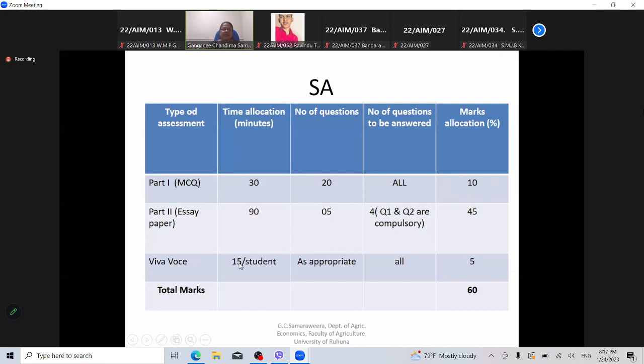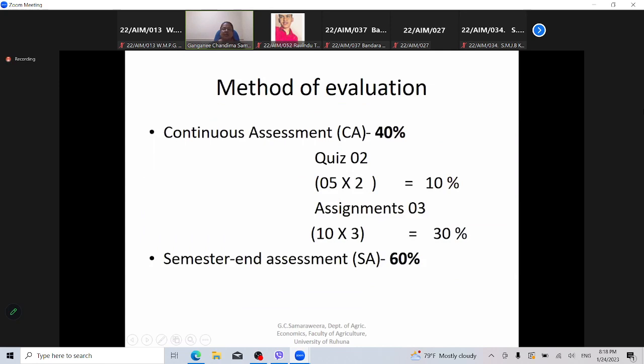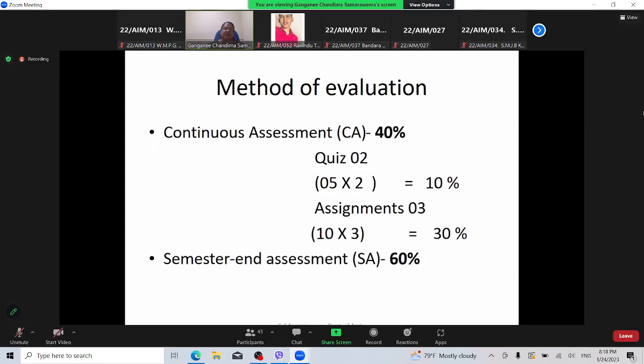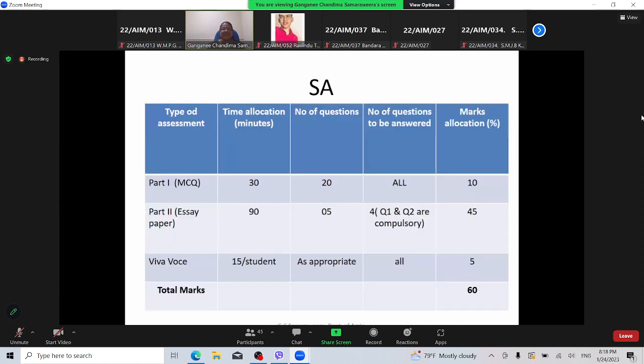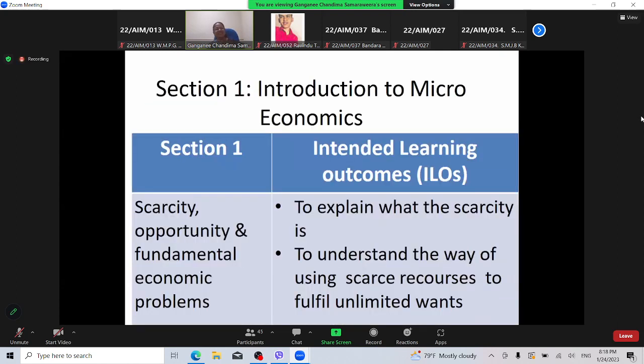We allocate 15 minutes for one student, and several questions will be asked based on the theory I'm teaching you. Then you have to answer all questions to get maximum 5%. Then total 60%. I hope you all understood how your evaluation is divided into continuous assessment and semester end assessment. Now we'll move to our section.